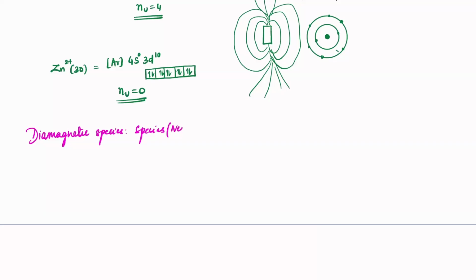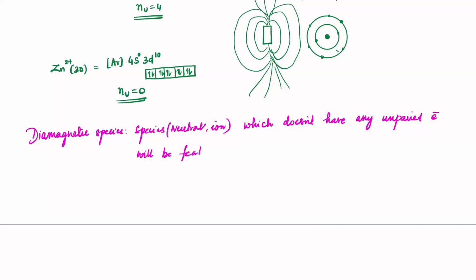Species means it could be neutral or it could be an ion, anything which does not have any unpaired electron will be feebly repelled in a magnetic field.